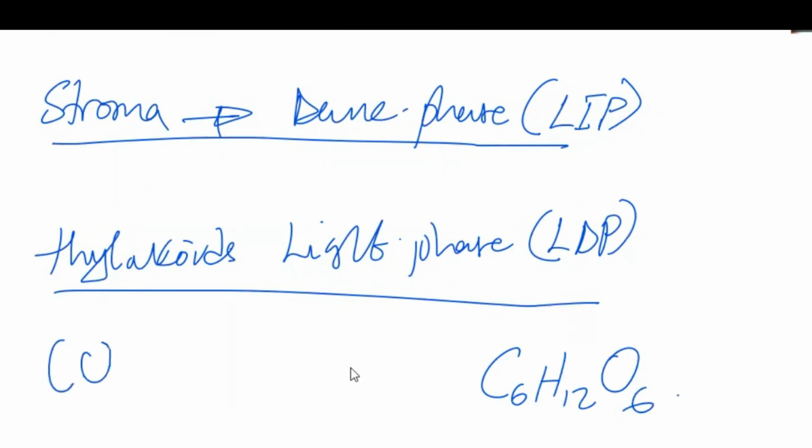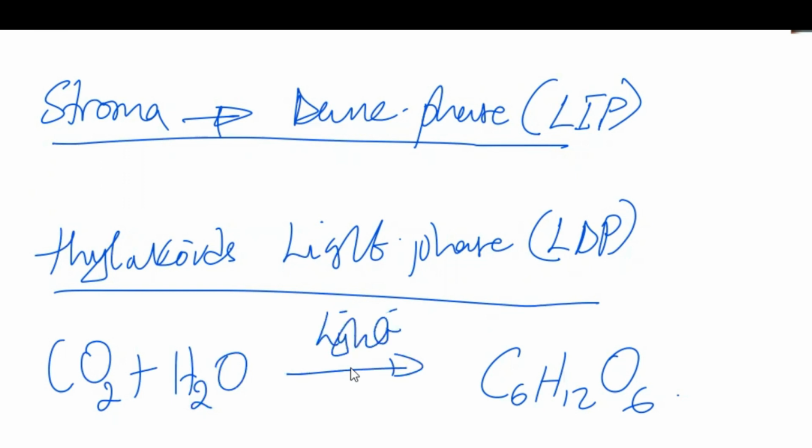You require carbon dioxide plus H2O, water, and it must be in the presence of light. Light must be there, and then you produce carbohydrates, which is glucose in this case. Remember, glucose is in the form of a carbohydrate, a monosaccharide. Plus the oxygen.